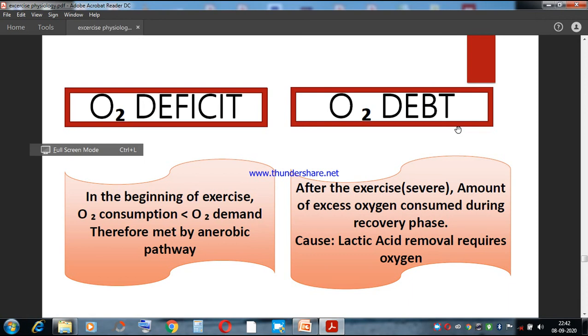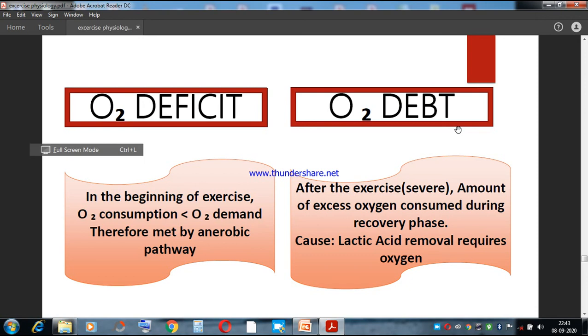At the time of just starting exercise, in the very first phase of exercise, there will be more and more acute demand, and your oxygen consumption is not up to the mark. So when there is a deficiency of oxygen, how is the demand going to be met? It is to be met by the anaerobic pathway.